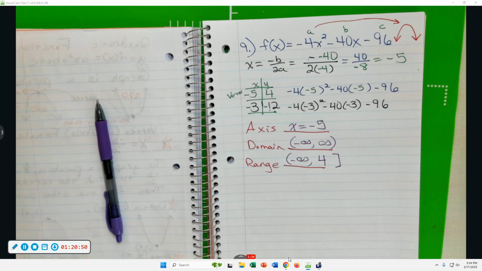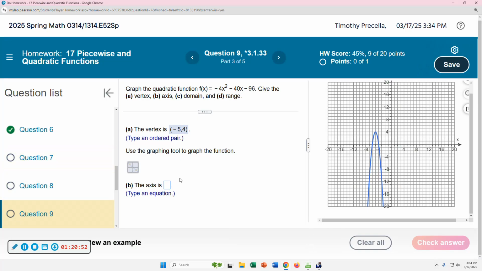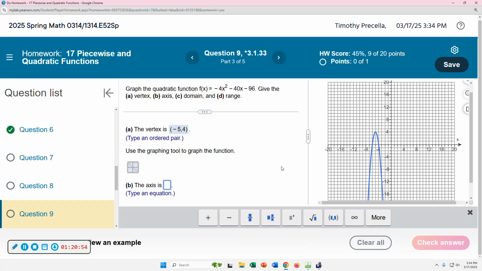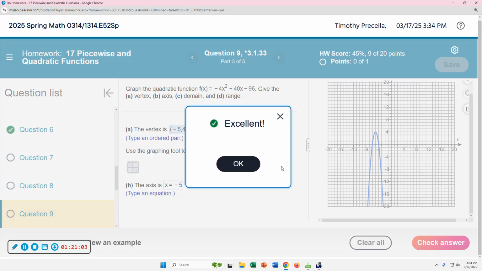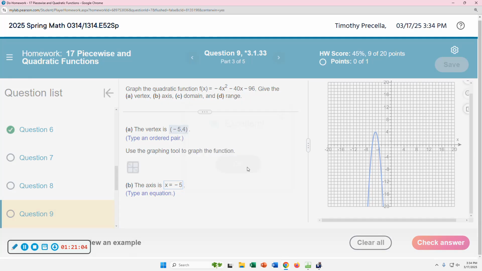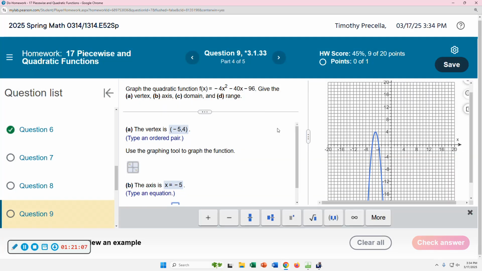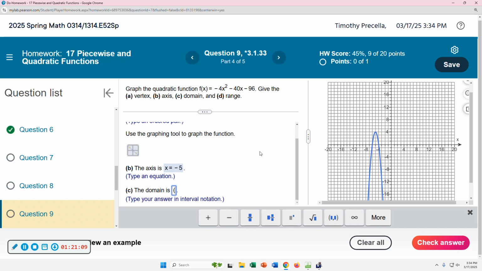Okay, so we come over here. Type an equation. You can't just type negative 5. You have to type x equals negative 5. And the domain, negative infinity, comma, infinity.